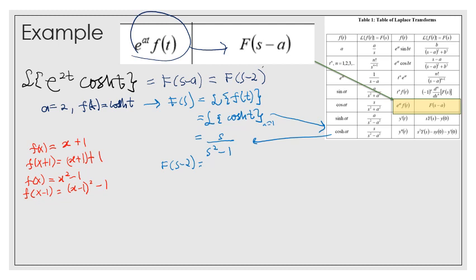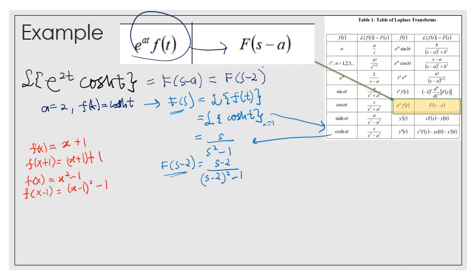Going back to the example here, this is F(s), which is equal to s over s squared minus 1. Now we want to change it into F(s minus 2). Every single s will be substituted with s minus 2. So we will get s minus 2 for the s here, and for s squared we will have s minus 2, making sure to put brackets and power 2, minus 1.